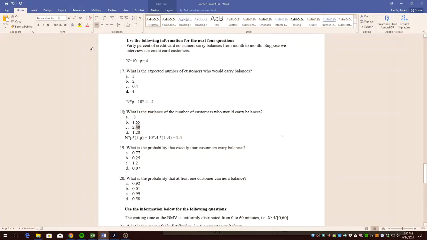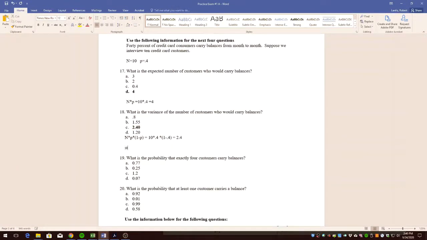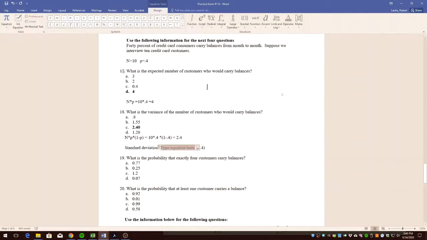Now, I could have instead asked you a different question, which is not just the variance, but what's the standard deviation? So if we wanted the standard deviation, the only other thing that we have to do is take the square root, and I'm typing what it would be in Excel here. Hopefully that's clear. I could actually insert an equation.